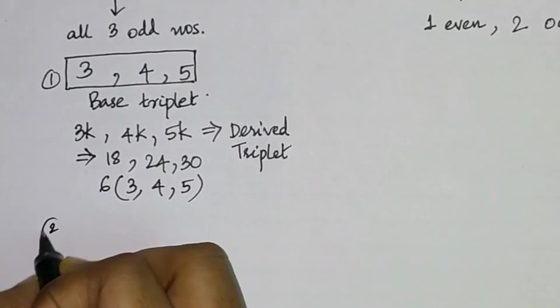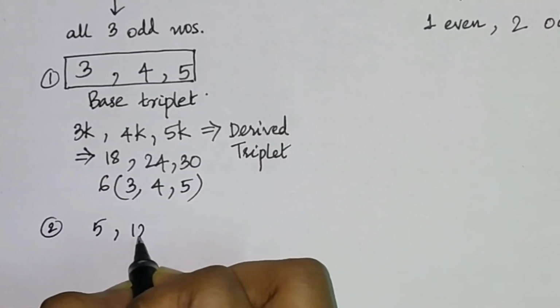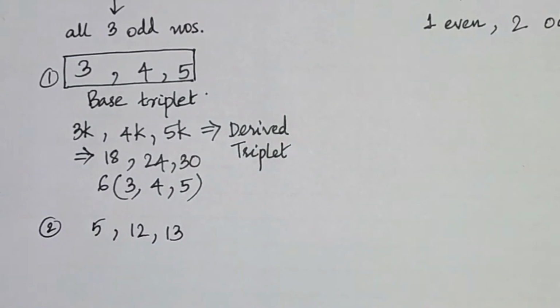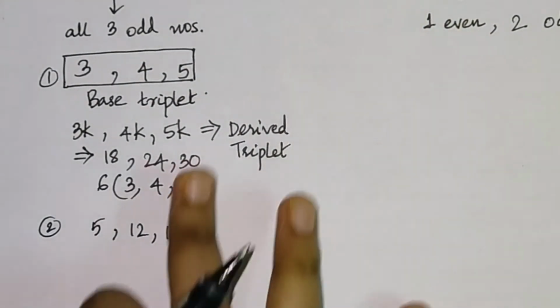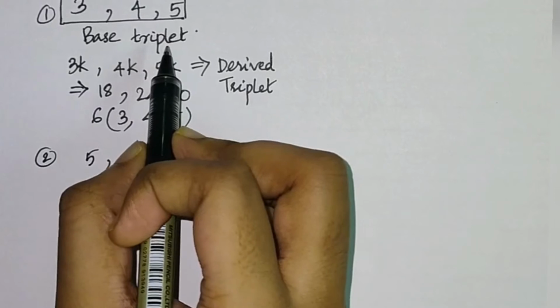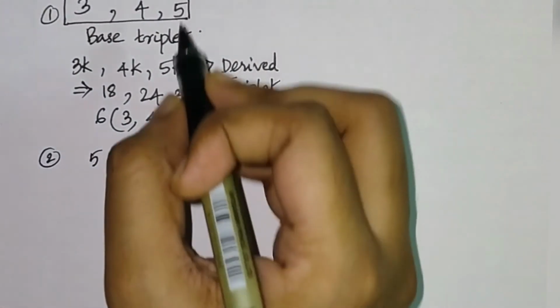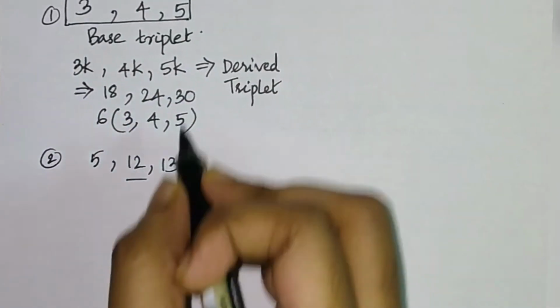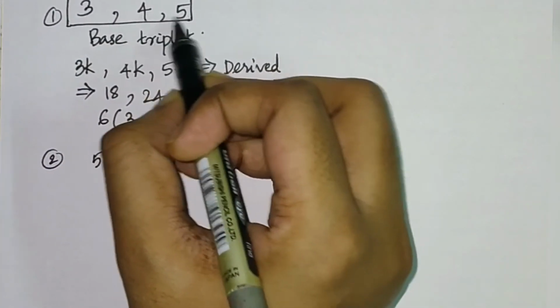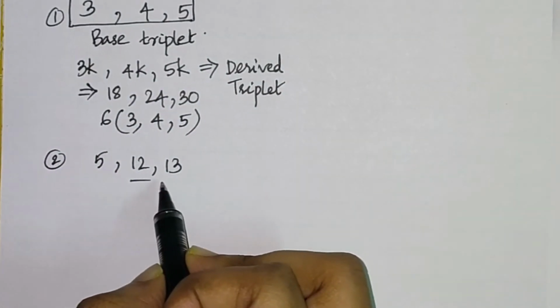Next example will be 5, 12 and 13. The trick to calculate further triplets: you can see in these base triplets the second number and the third number are consecutive, that means the difference between them is always 1.